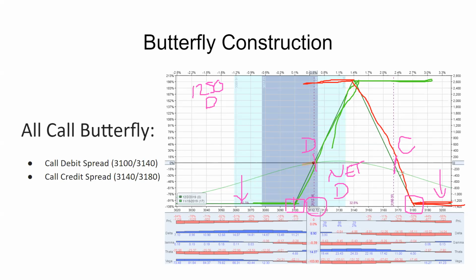And if SPX is going to be somewhere inside of the tent between 3112 and about 3166, this is where this trade is going to make a profit. So while SPX is trading at 3112, in order for this butterfly to make a profit, we need to assume that the price is going to be somewhere between 3112 and 3166.